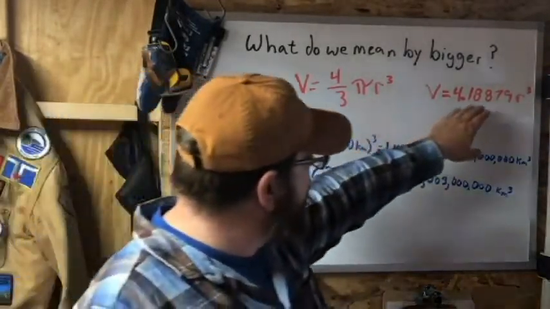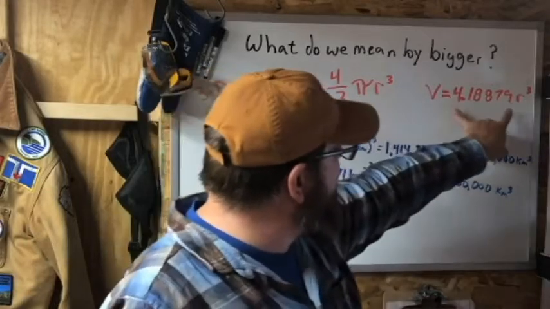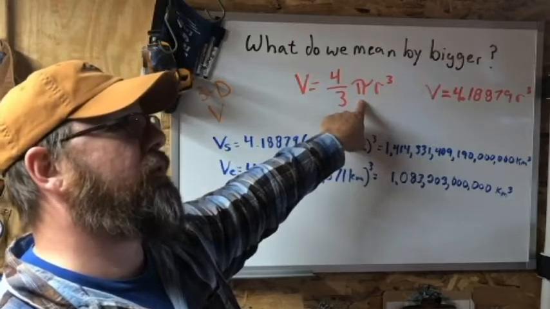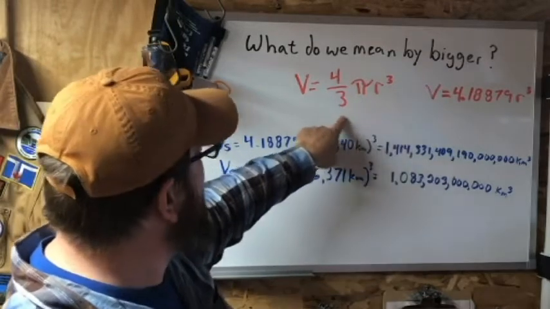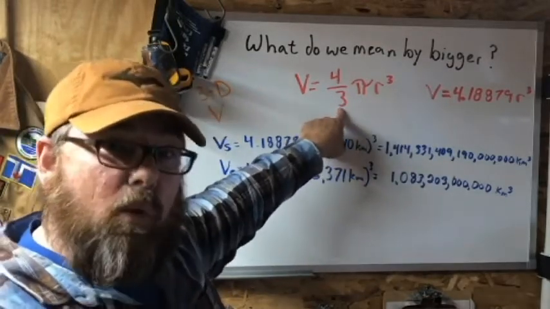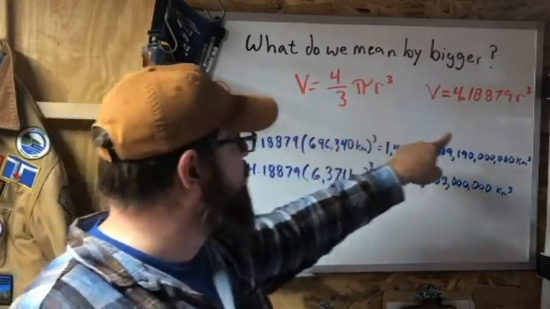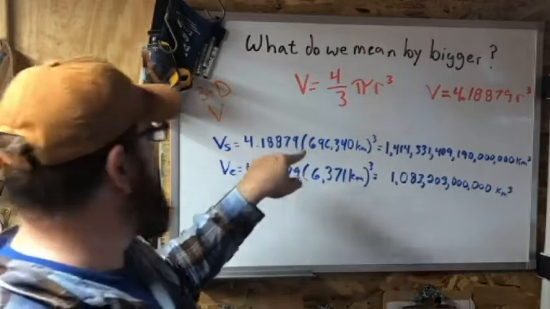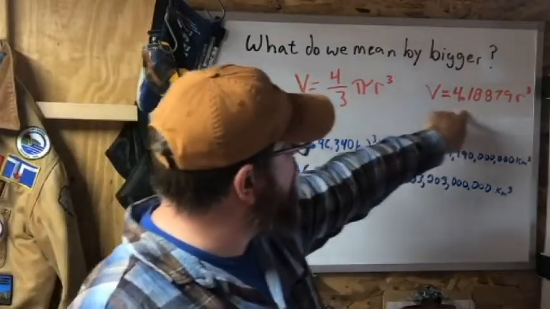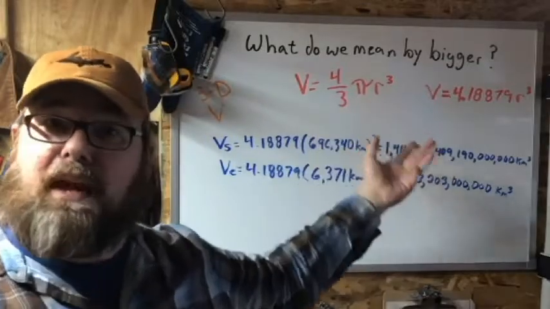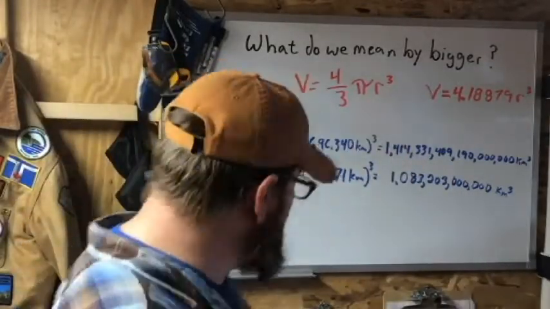I just wanted you to see that because I got this from multiplying 3.14, whatever the rest of the pi was, times this, which is 1.3 repeating. I carried it to 5 decimal places. I just didn't want you to be like, where'd this number come from? This number is 4/3 times pi. And remember, it's multiplication. We can multiply in any order we wish.